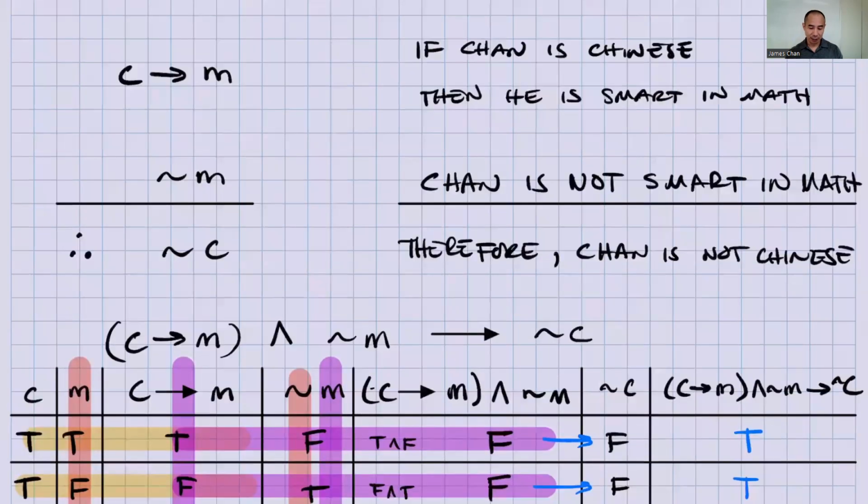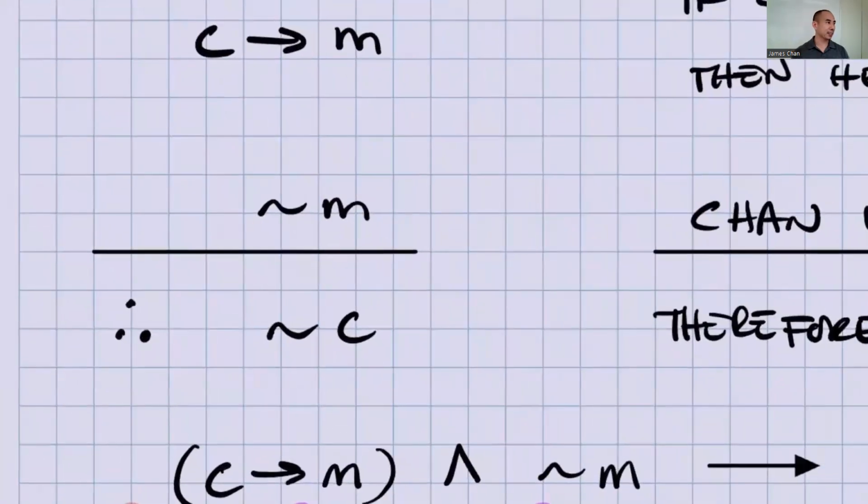So with this, my goal is to figure out if the last column, the final column, is going to be all trues or not. So I have to do the first statement and the second statement, then the conclusion.